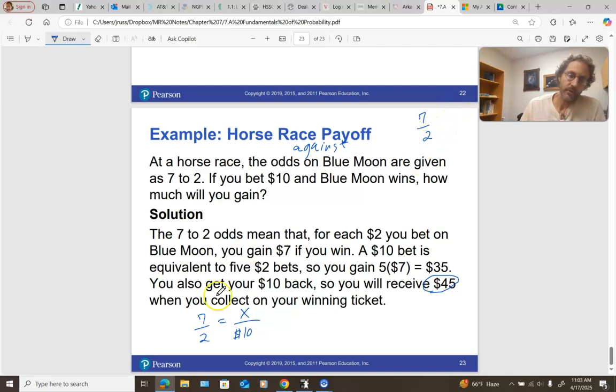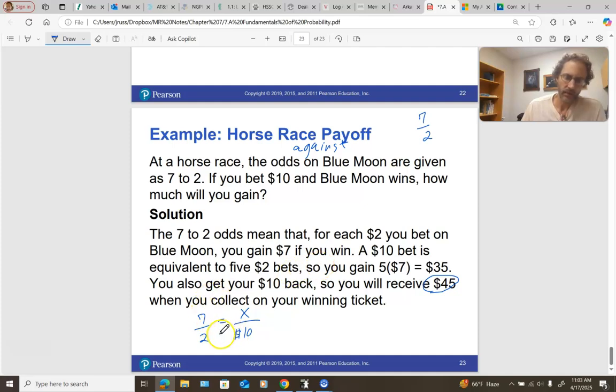So how much you win has to correspond to these odds, or in other words, these two ratios have to be equal to each other. So you're trying to figure out what number up here would make this fraction equivalent to 7/2.